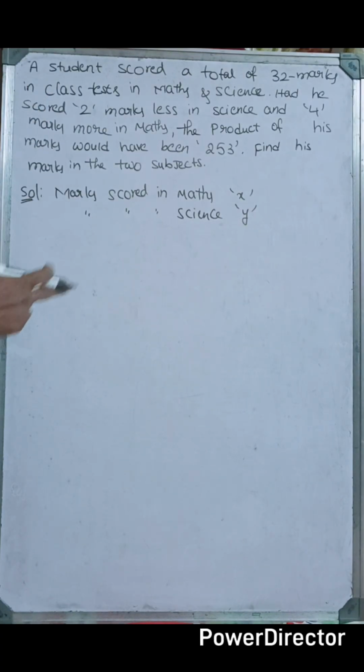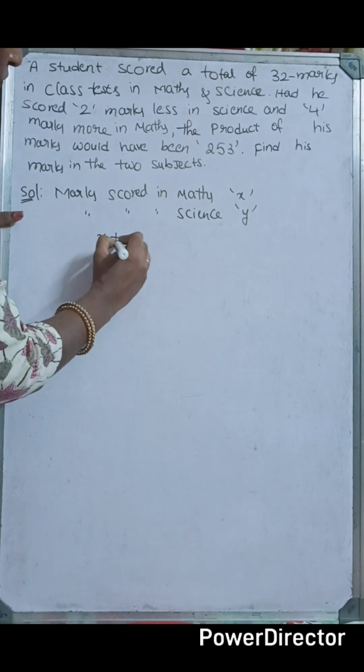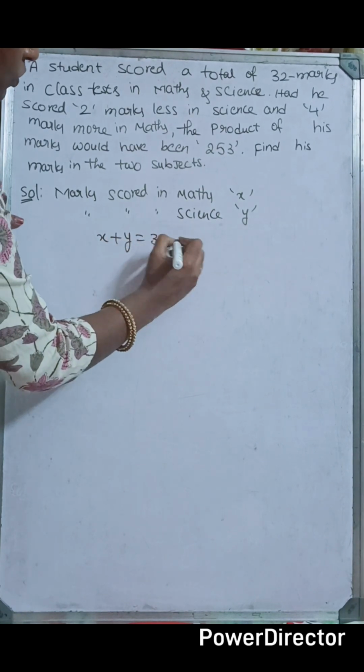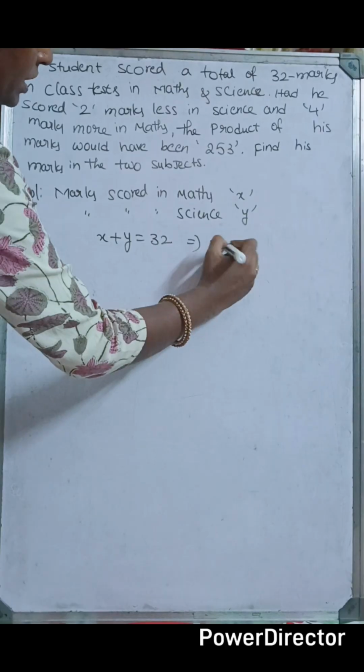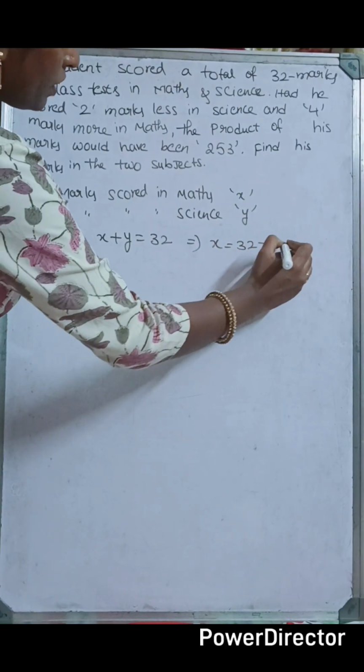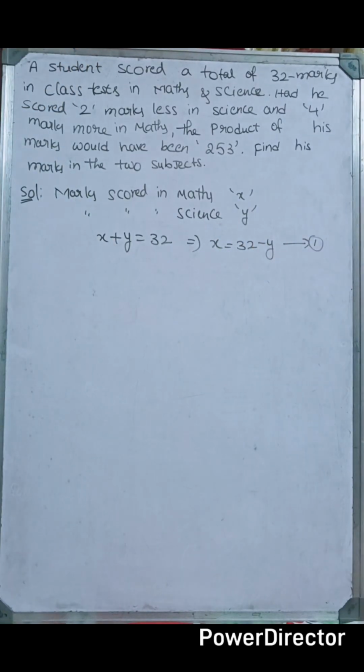Total means it's nothing but maths and science together, right? Yes. So X plus Y is equal to 32. From here, can I write X is equal to 32 minus Y? Let's give this as equation number 1.